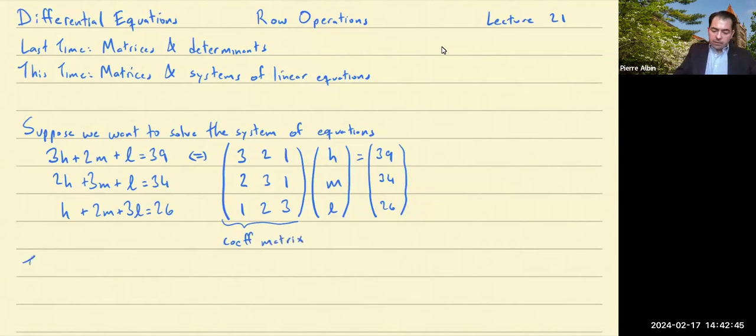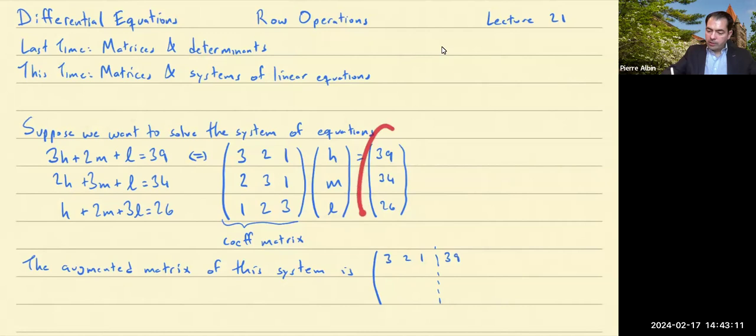Another matrix associated to this system is what's called the augmented matrix of this system. To get this matrix, all we're going to do is add a column where we include the right-hand side of the system.